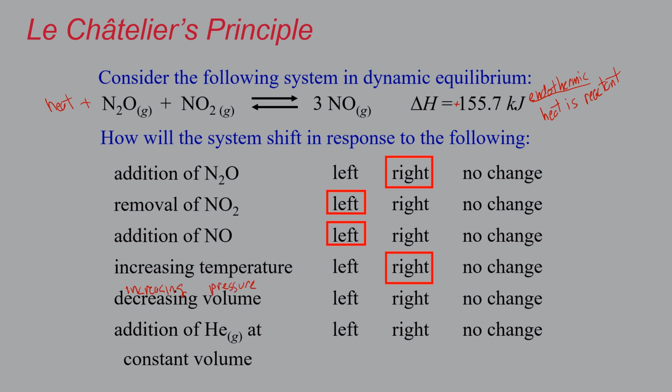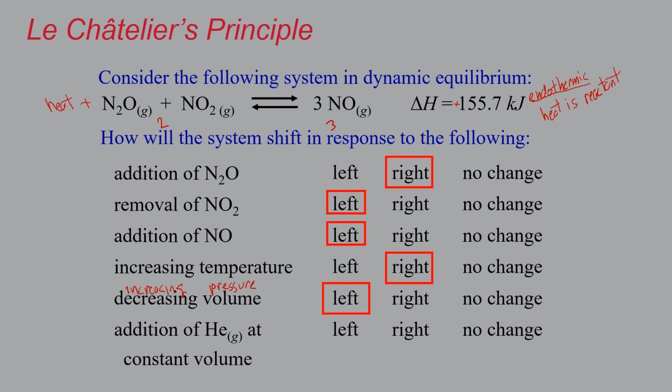And what we said here was that we're going to shift in the direction that has the fewest overall number of gas moles. So in this case, you've got 3 moles of gas here and a total of 2 on this side. So you're going to shift toward the reactant side, which we're going to call left.